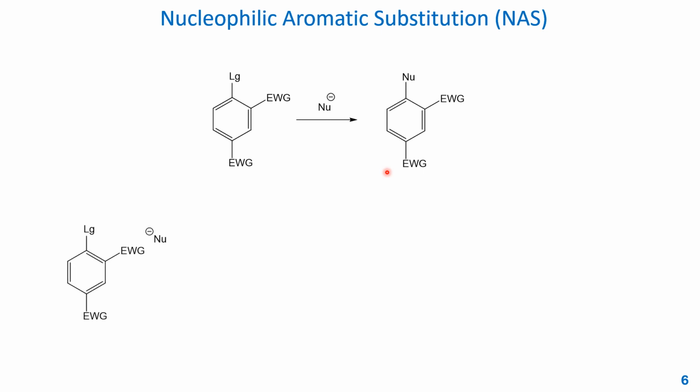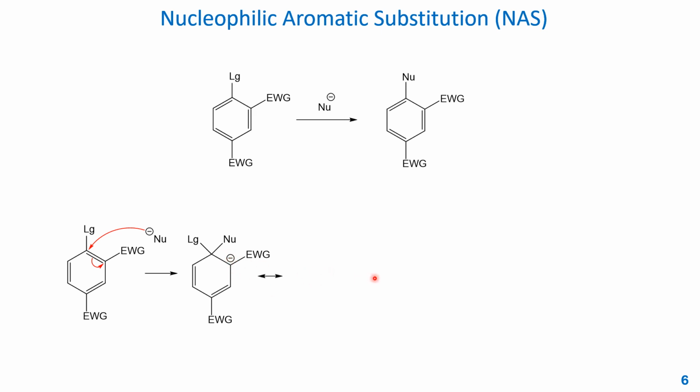Let's look at the common mechanism. The nucleophile will attack the carbon bonded with the leaving group and push the pi electrons between these two carbons to this carbon. Since you will have a negative charge on this carbon, the electron withdrawing group will stabilize the negative charge because it reduces the electron cloud here.